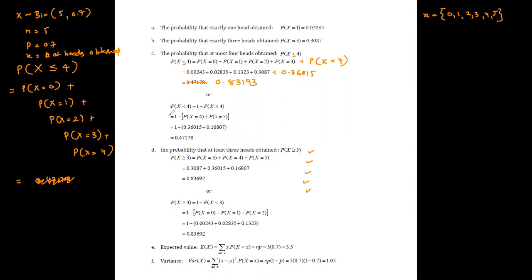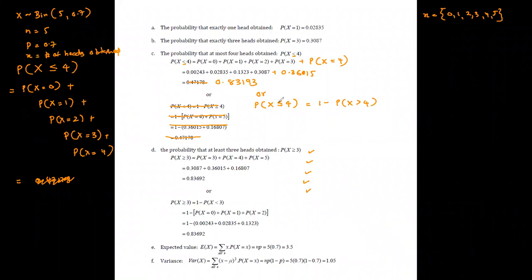And if I redo the calculation for this part, we can get the probability of x less than or equal to 4. This can be considered as 1 minus the probability of x greater than 4. We know that the total probability of any given situation should be equal to 1.